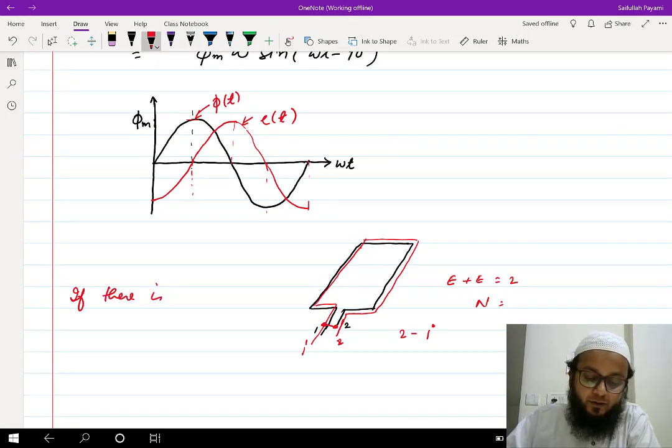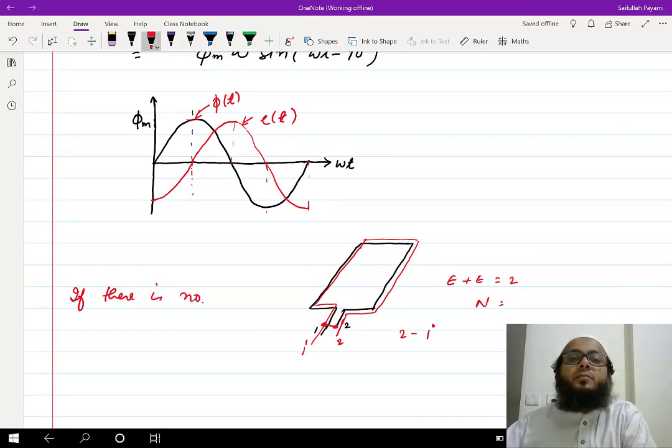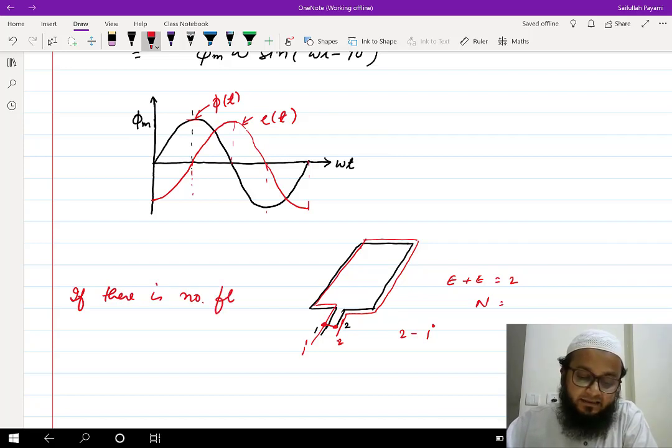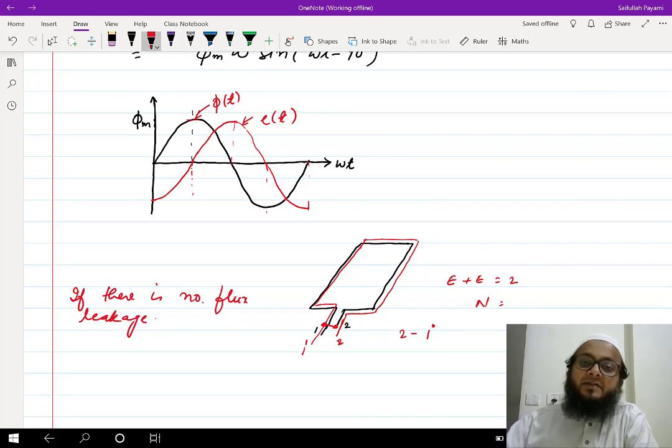The condition is that there is no flux leakage. Whatever the flux is linking with the first coil, the same flux is linking with the second coil, and the same flux is linking to the n number of coils and loops. Then we can directly sum it up.